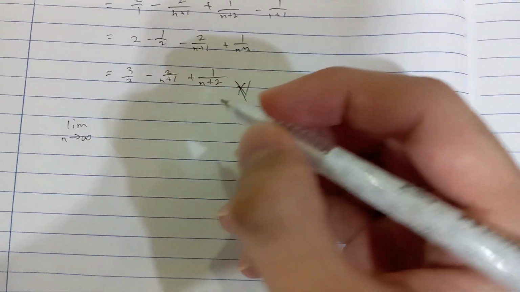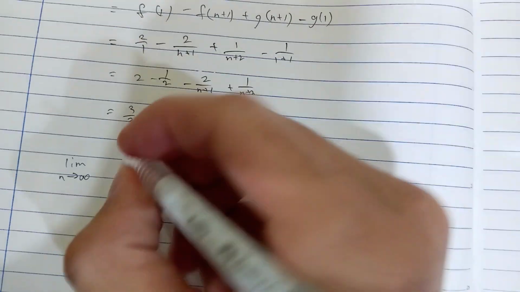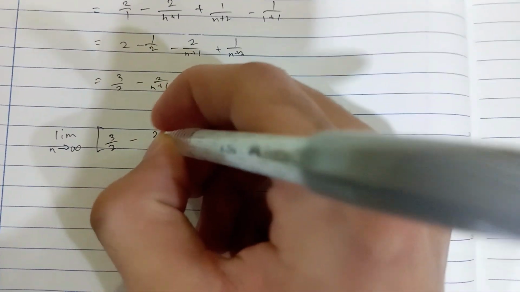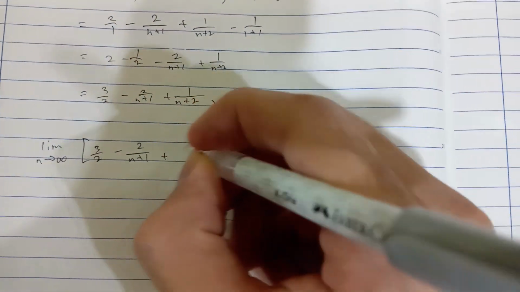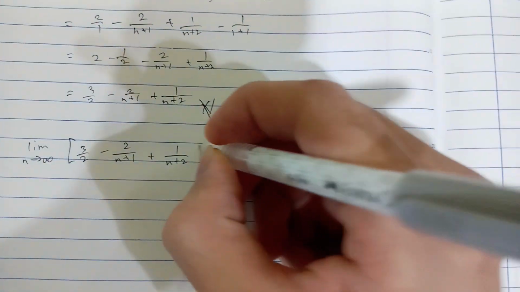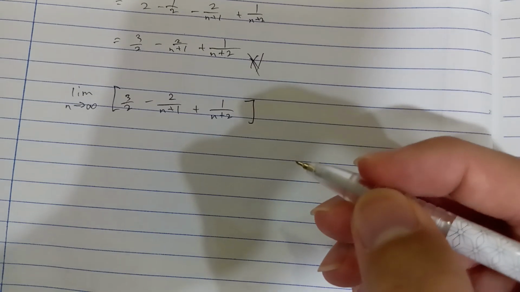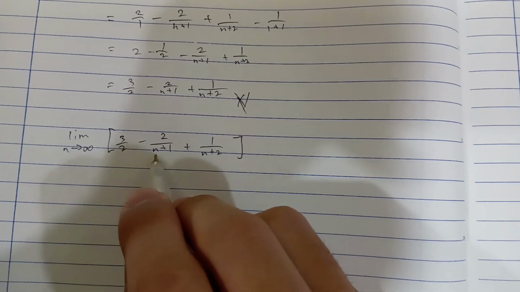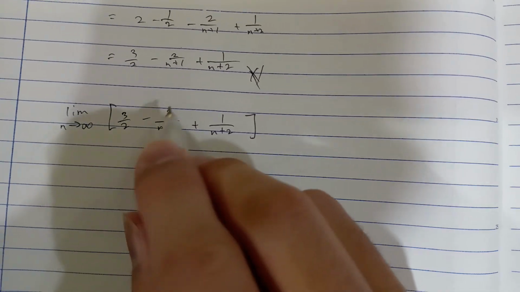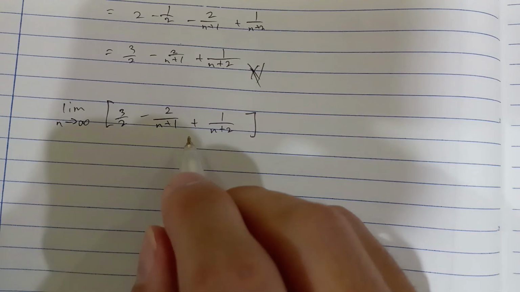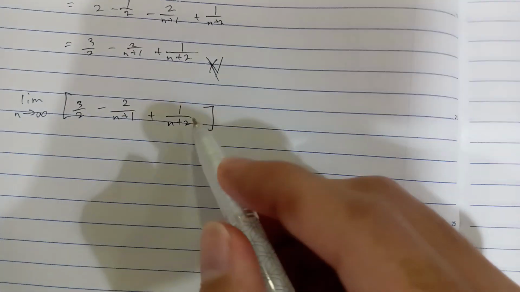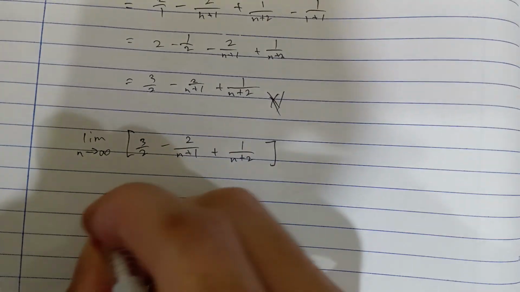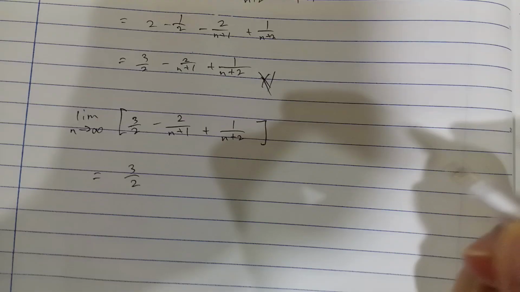Then you write down the equation, 3 over 2 minus 2 over n plus 1 plus 1 over n plus 2. Alright, now if you think about it, when n is replaced with infinity, 2 divided by infinity plus 1 would be 0, right? Same goes to this, 1 over infinity plus 2 is 0. So your answer would be 3 over 2.